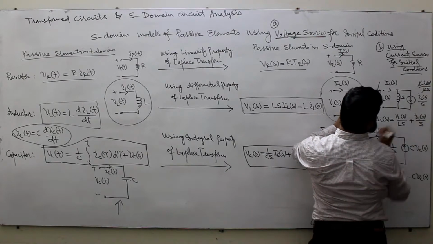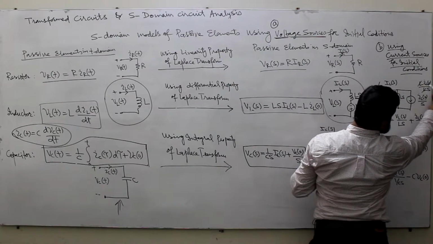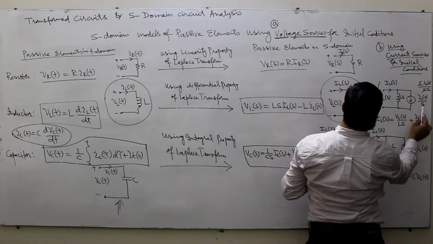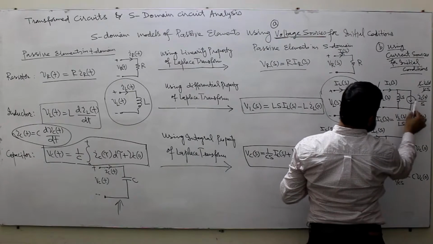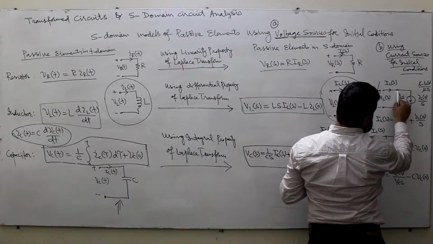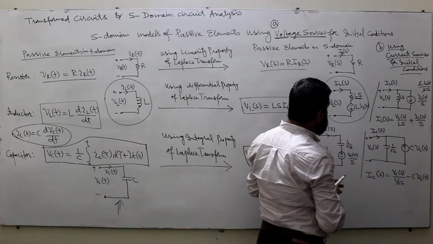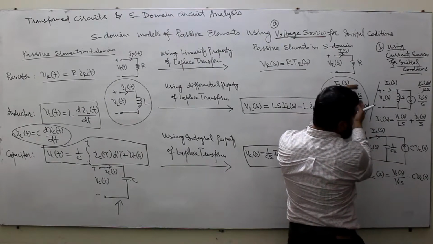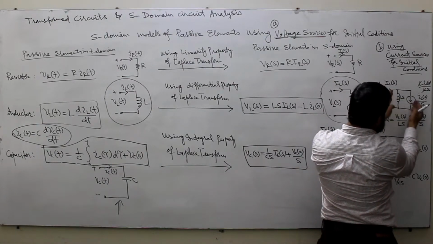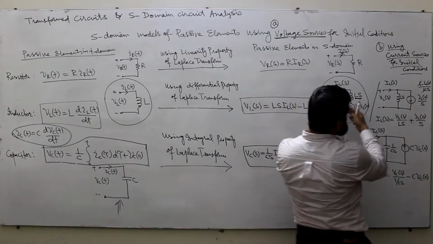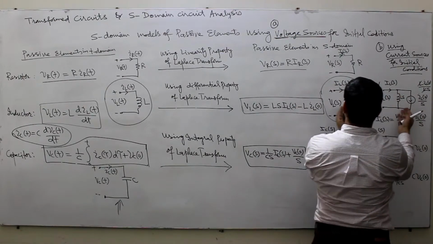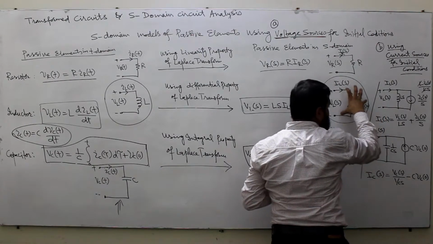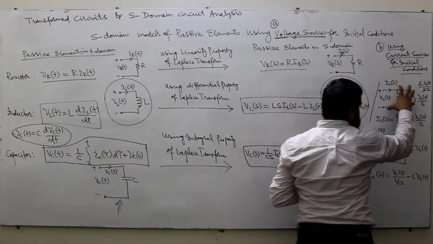L is cancelled out with the L. So what you are getting is IL of 0 over S, which is already written here. Since this is with a plus sign, it will be leaving this node. And this reactance Ls, just like a resistance, will come in parallel with it. So using this source transformation, you can also show this same circuit in the S domain with this circuit.